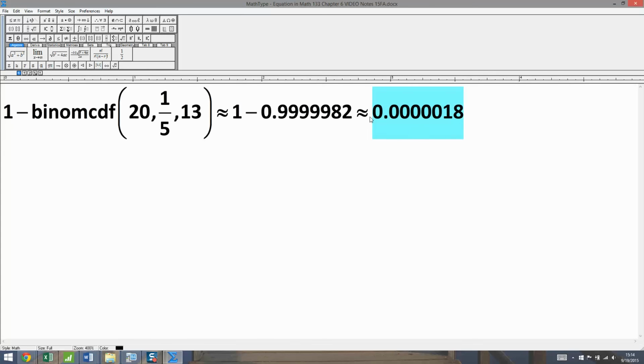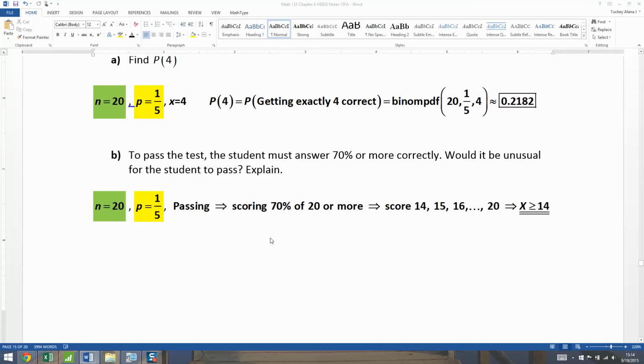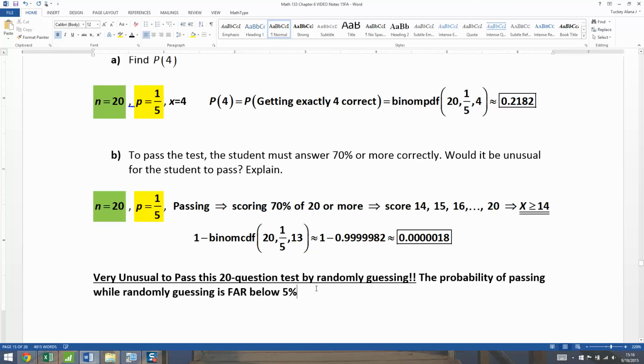What a mess. You have an extremely low chance. This is very unusual, right? Because unusual for us is less than 5%. So I just typed that up. It would be very, very unusual to pass this 20-question test by randomly guessing, right?